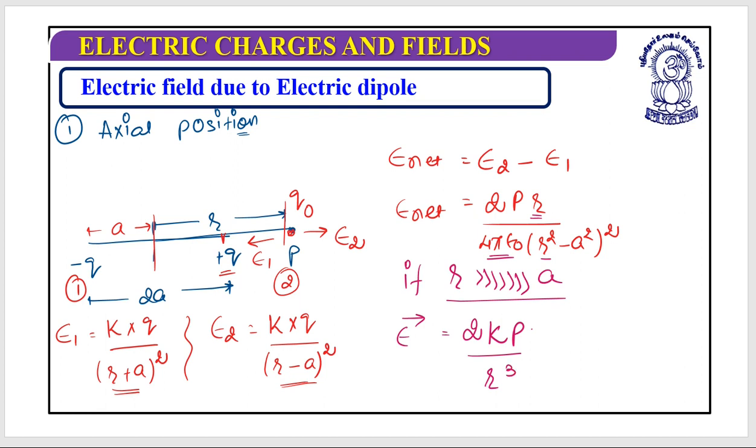So E net is equal to 2 kp by R cube, this is the magnitude.